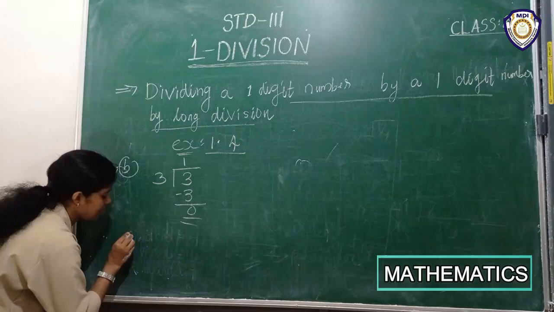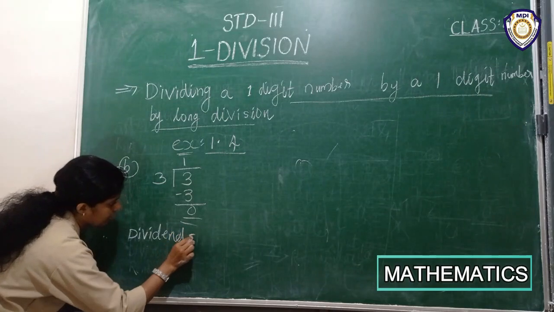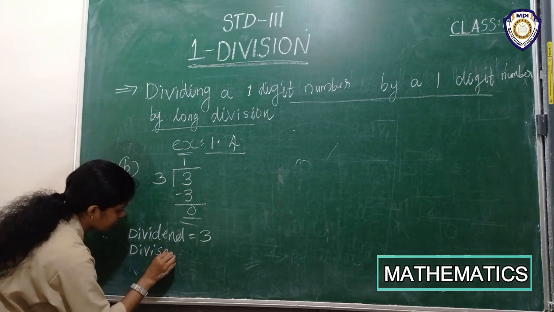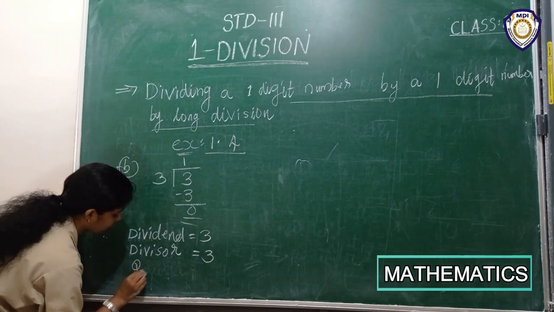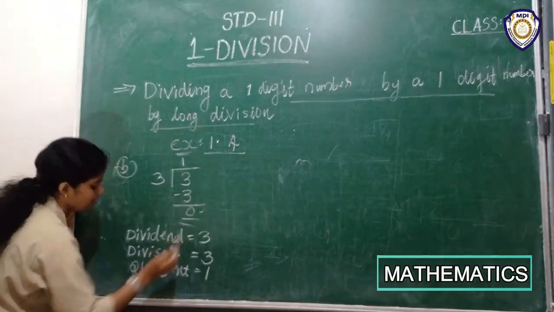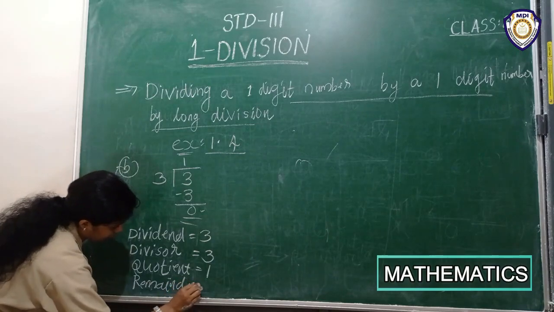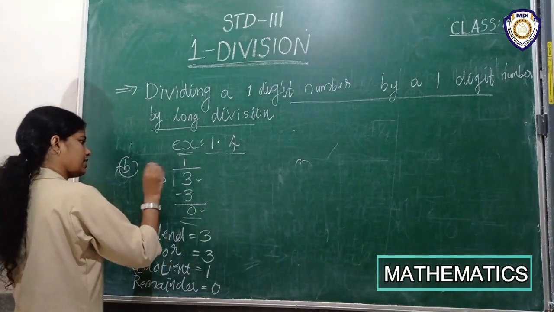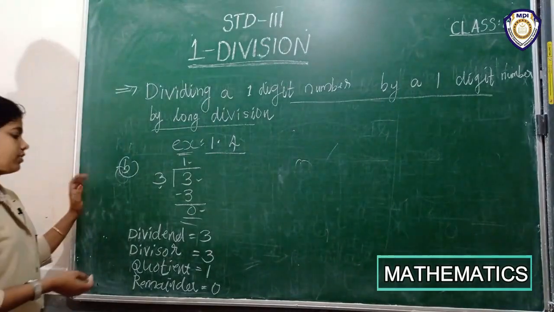Here the dividend is 3, the divisor is 3, the quotient is 1, and the remainder is 0. Okay, write it.